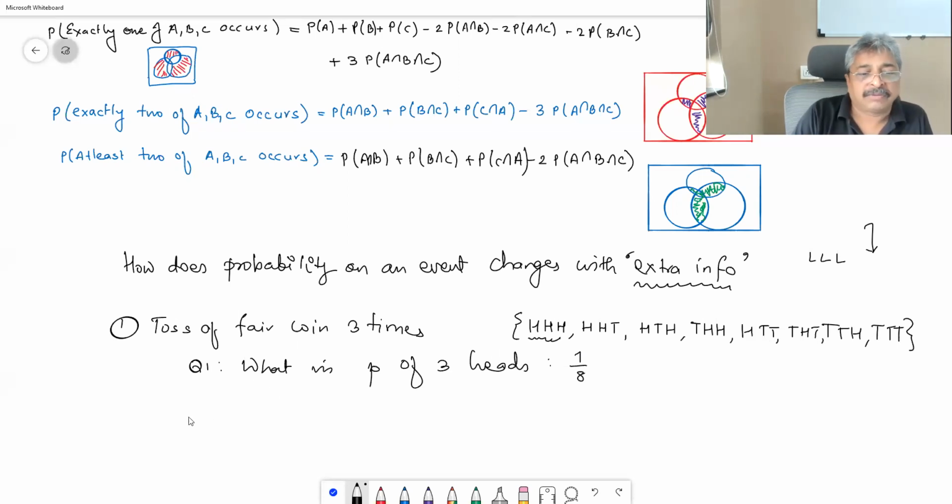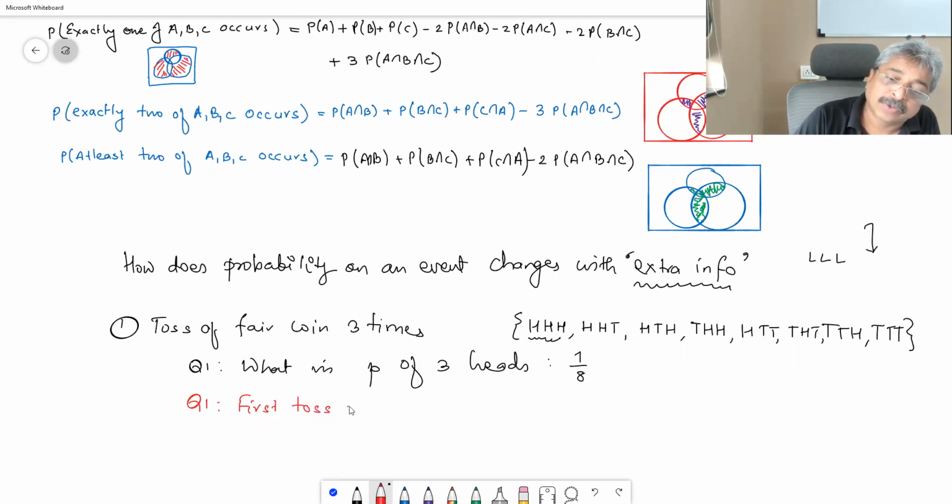However, if I ask you a question 2, suppose we are told that the first toss was head. What should be the probability of 3 heads, given this information, that the first toss was head?